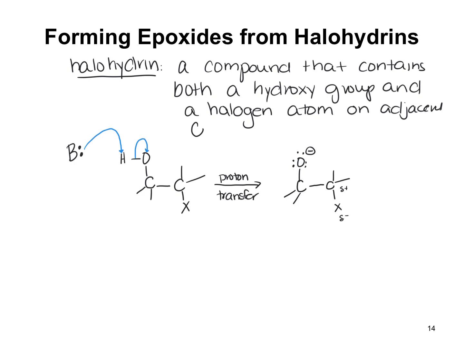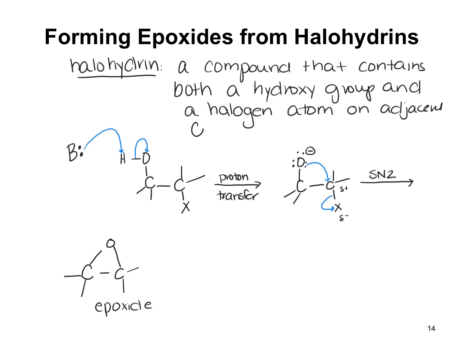So we go through an SN2 reaction where these electrons come down, they attack that carbon, and those electrons go onto that halogen. And so when we do that, we now form our epoxide ring.